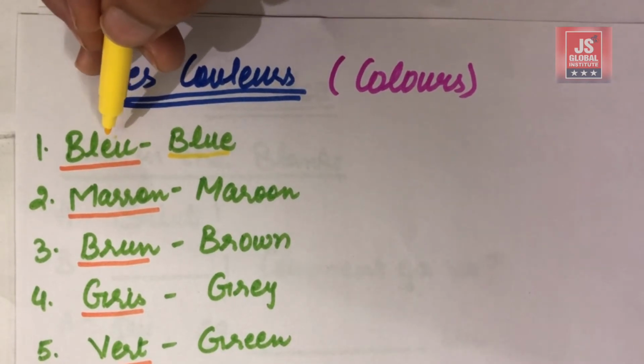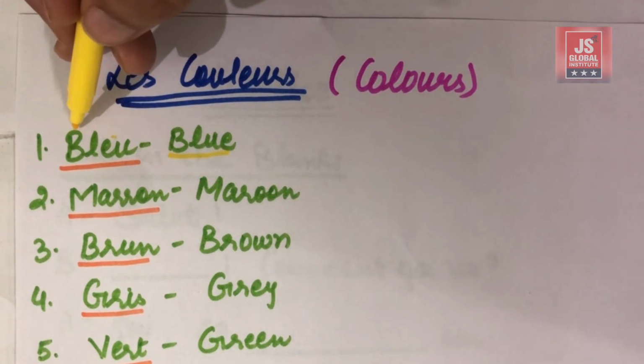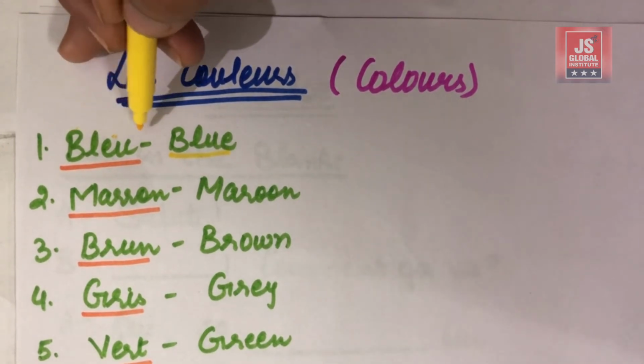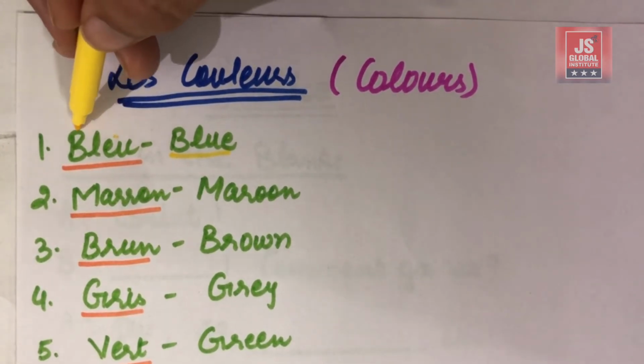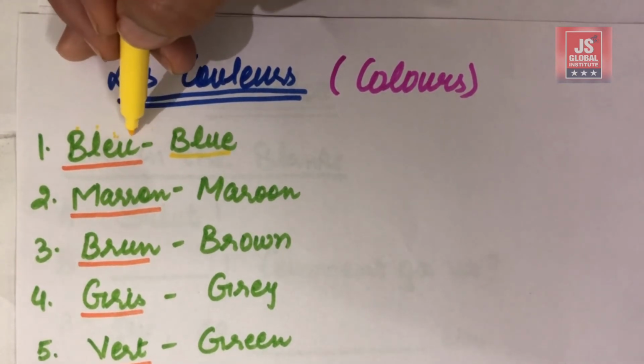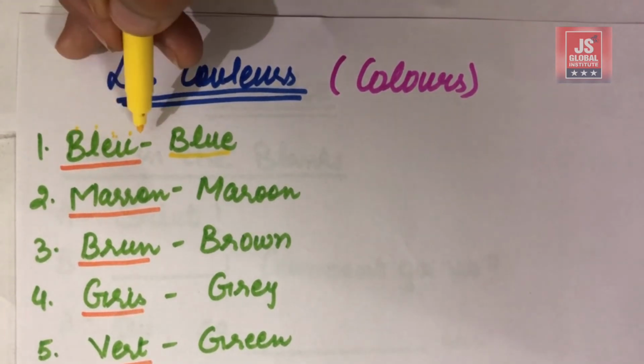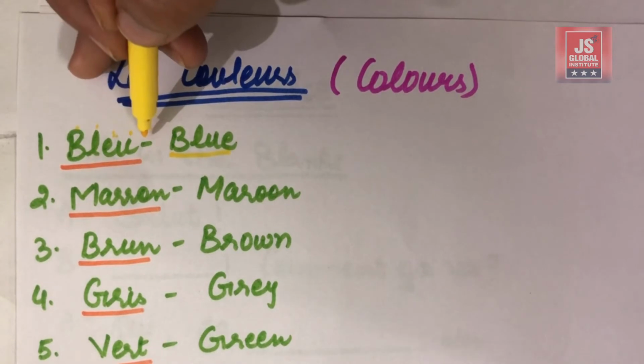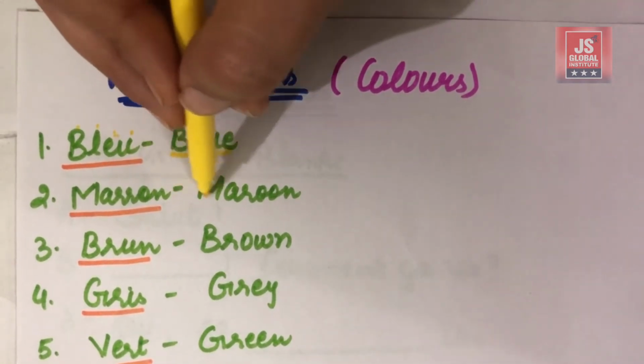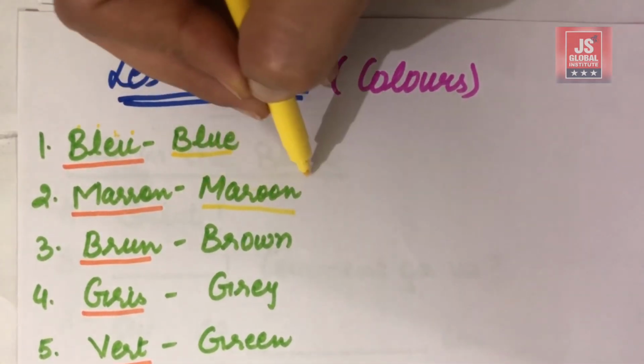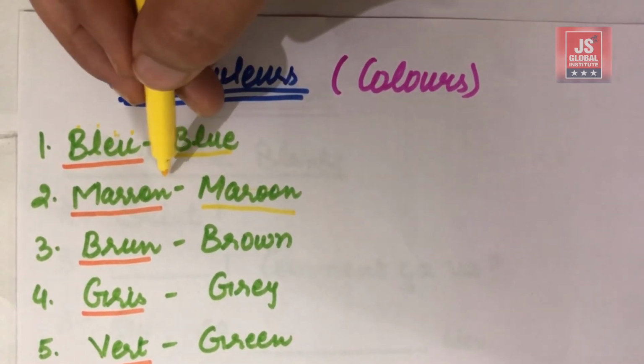Bleu. Alright, so what are the spellings? Quel est l'orthographe? That is B-L-E-U. Alright, bleu. Next is maroon. What is maroon called? Marron.